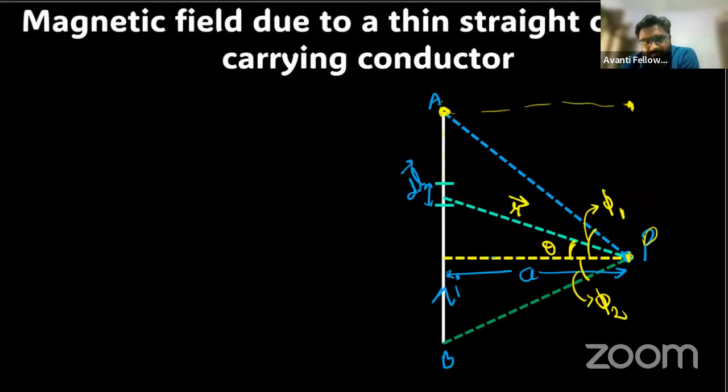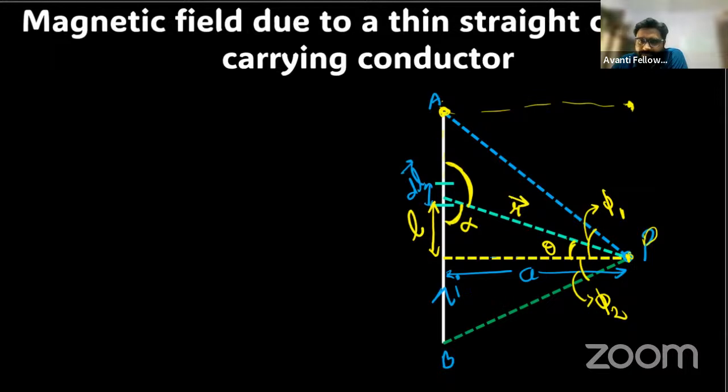Now let's consider this length up to this dL is L, and the current element is very small, which is dL. Got it. Now this angle here, let's say, is alpha. Can anyone tell, if this angle is alpha, what is the value of this other angle?